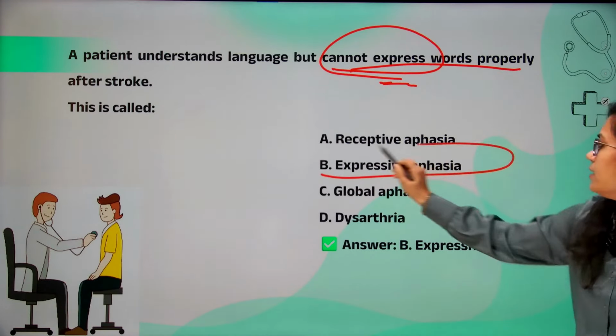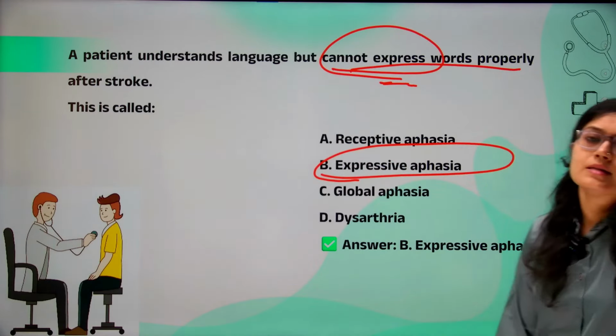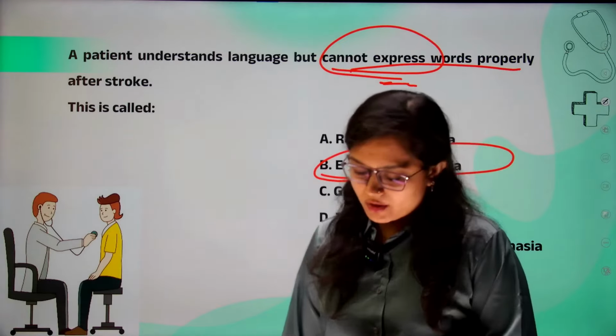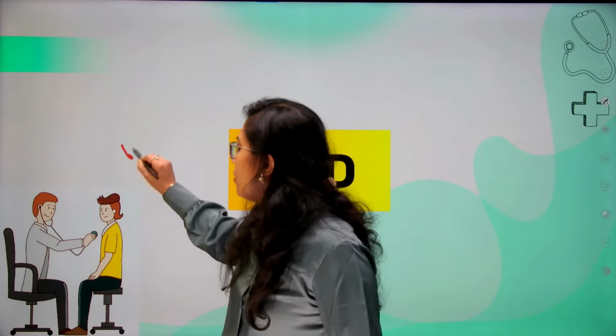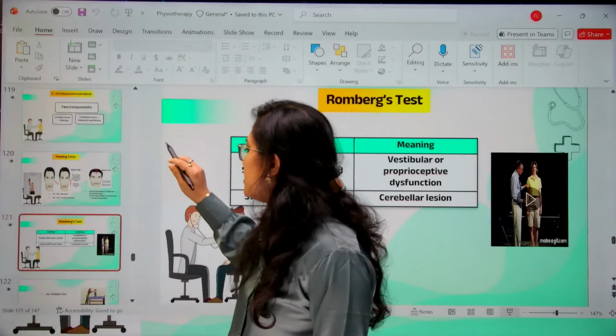So the answer is B. That is expressive aphasia the patient is having. So I hope everyone is clear till now about all these things. We have talked about all our higher mental functions.